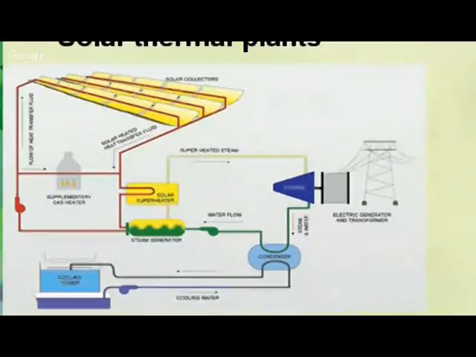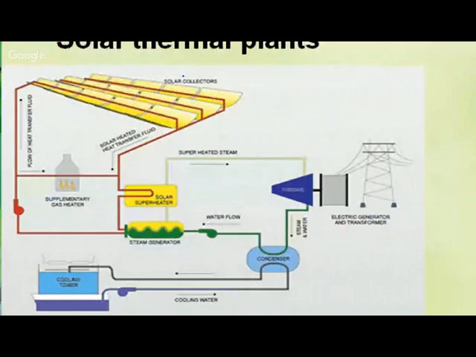Here you can see this is a solar thermal power plant, and this fluid flows through the solar collectors. When sunlight falls on these collectors, the fluid flowing through these tubes gets heated up, and they exchange the heat in the solar superheater.